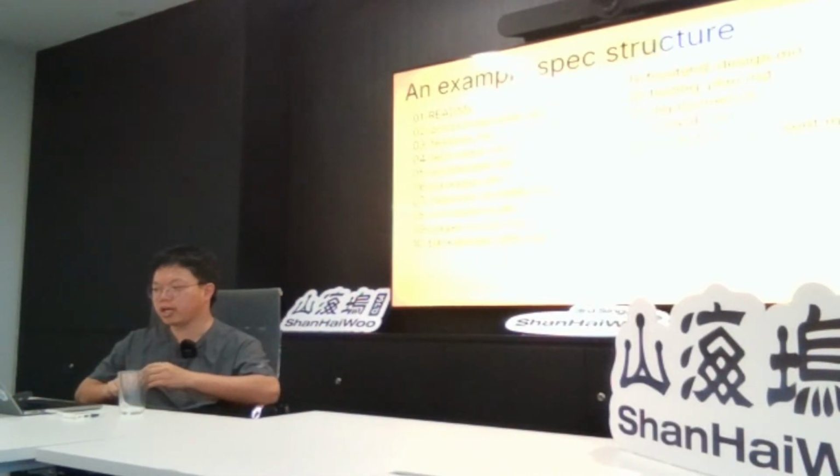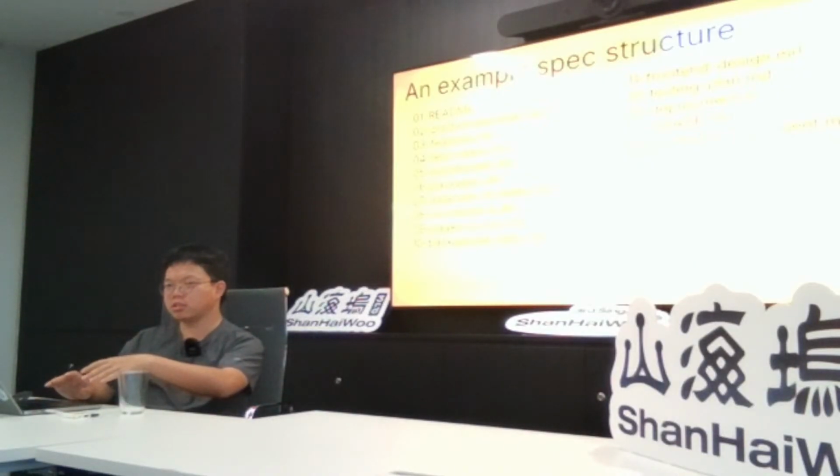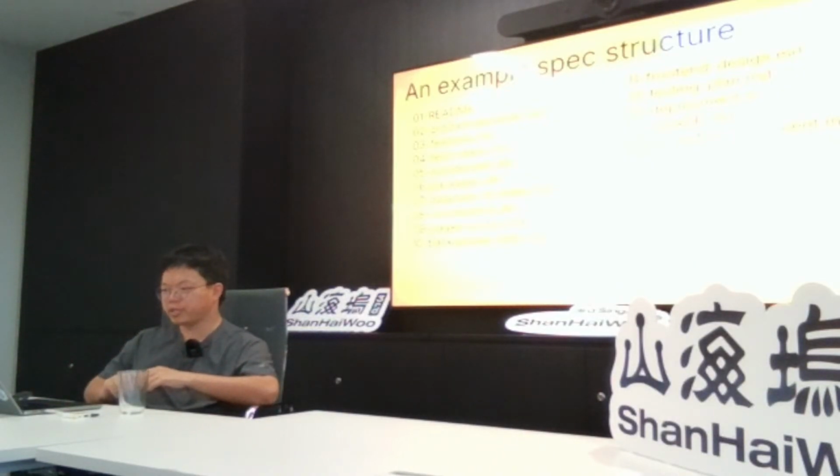So here is an example code directory that I use for my project. There are a bunch of documents in the doc subdirectory about the README, the product purpose, the features, tech stacks, architecture, packages, and database schema, permissions, pages and routes, background jobs, front-end design, testing plan, deployment, usage, and product management.